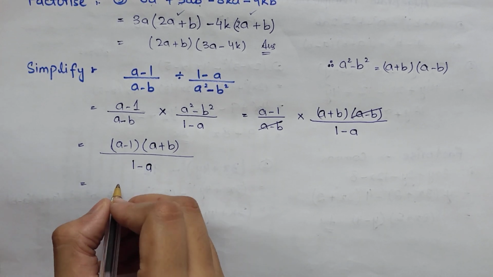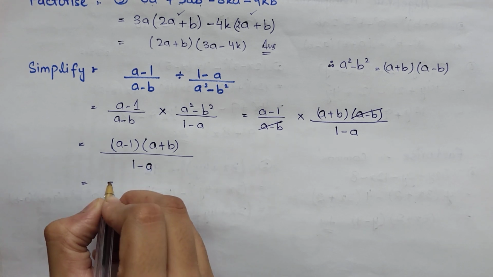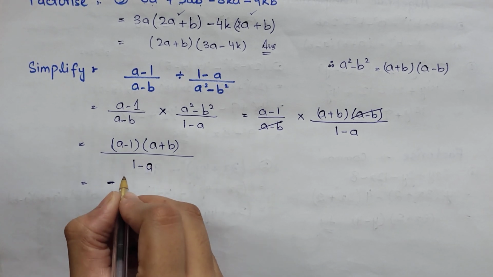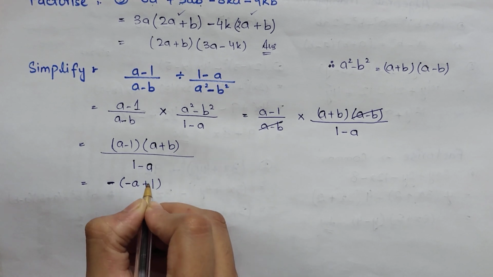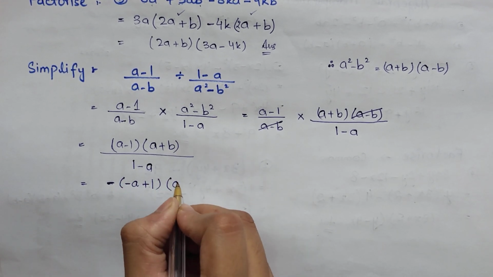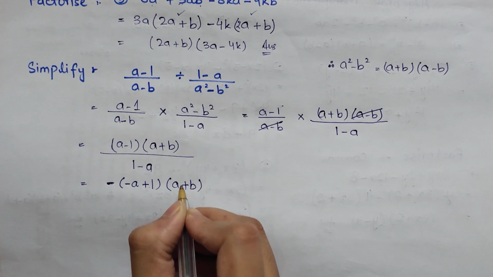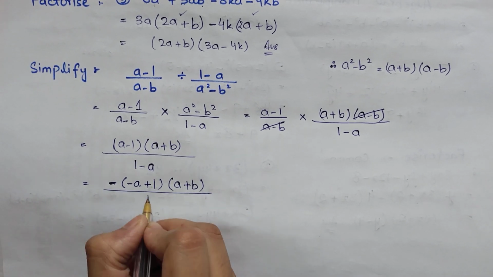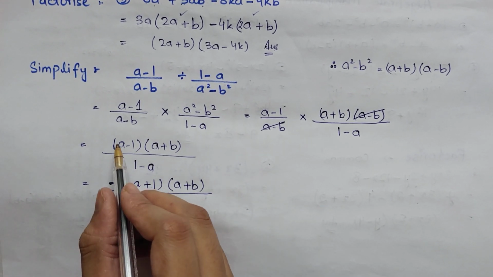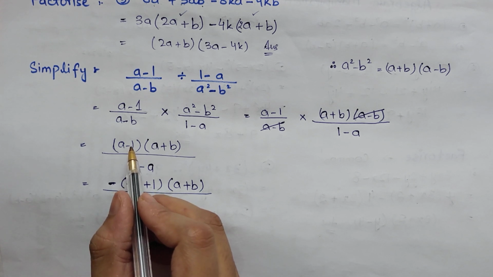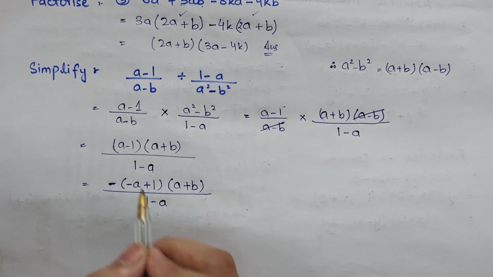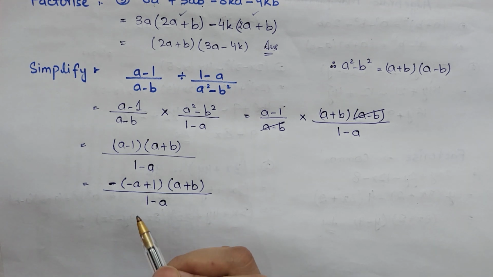How? If I take a common minus from here, it becomes minus a and plus 1, because when we take minus sign common, the signs of the bracket values will be changed. It is positive, so I write it negative with it, and the value with the sign with the 1 is negative, so I write positive with it.